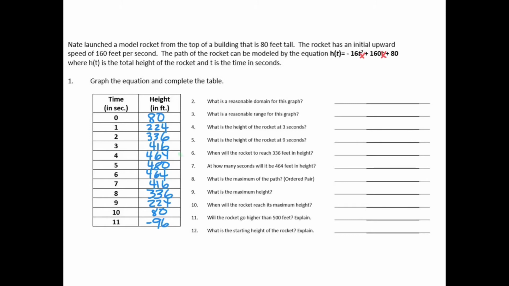And then 416 and 416, 336, 336, 224, 224, 80, 80. We could also use this to predict. If here I have a negative 96, the next number will be negative 96, not that we have to do it right now.